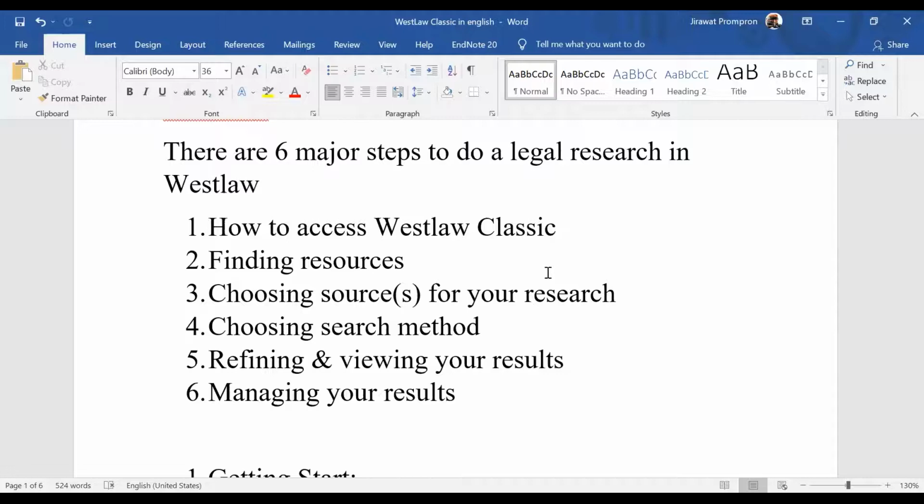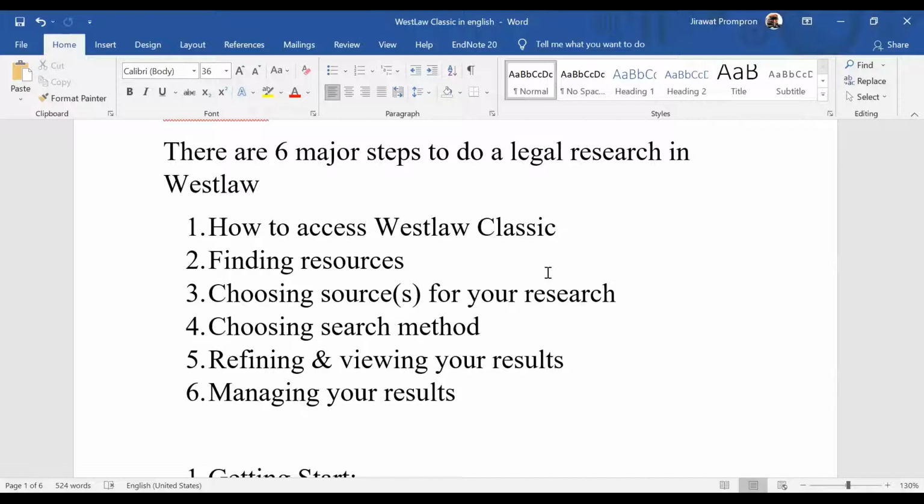And the second, there are 28,000 databases in Westlaw. It's difficult to find the resource. So the second step, we are going to show you how to find your relevant results for your research.